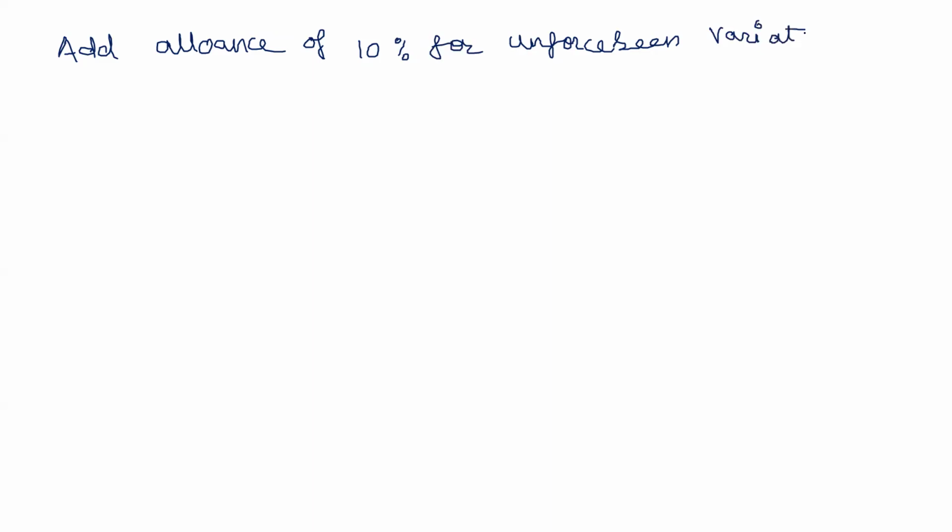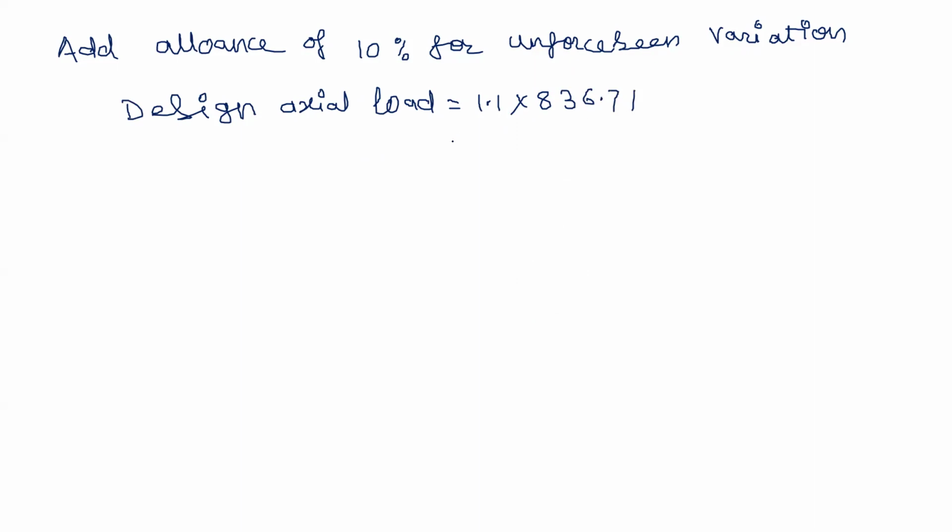And therefore, we have to find the design axial load now. Design axial load is equal to 1.1 into 836.71, and now we will get it equal to 920.38 kilonewton, and go on the higher side, multiple of 5.